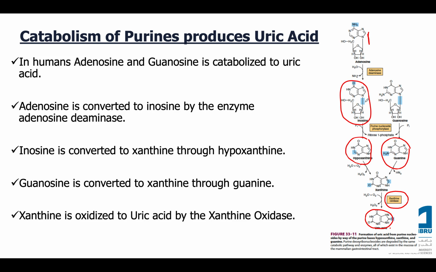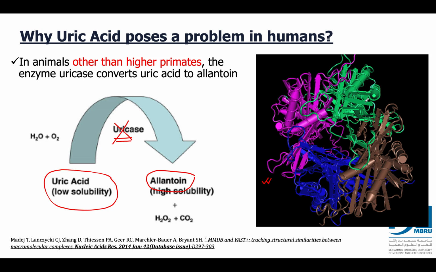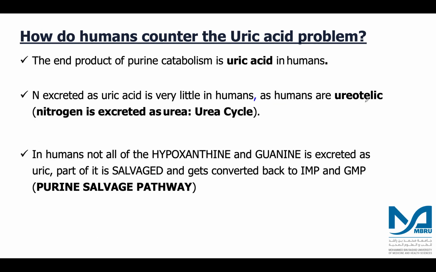And what happens in the physiological environment of humans is that not all of this hypoxanthine and guanine is excreted in the form of uric acid, but part of it is salvaged.